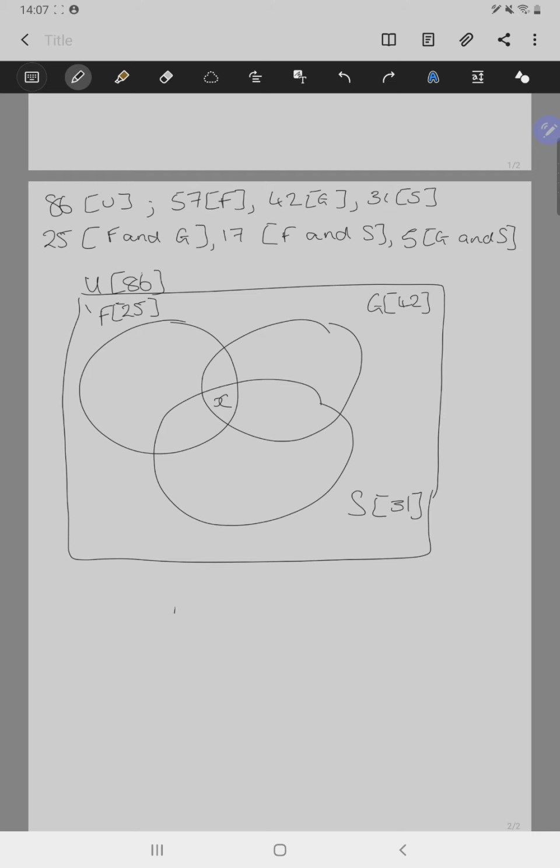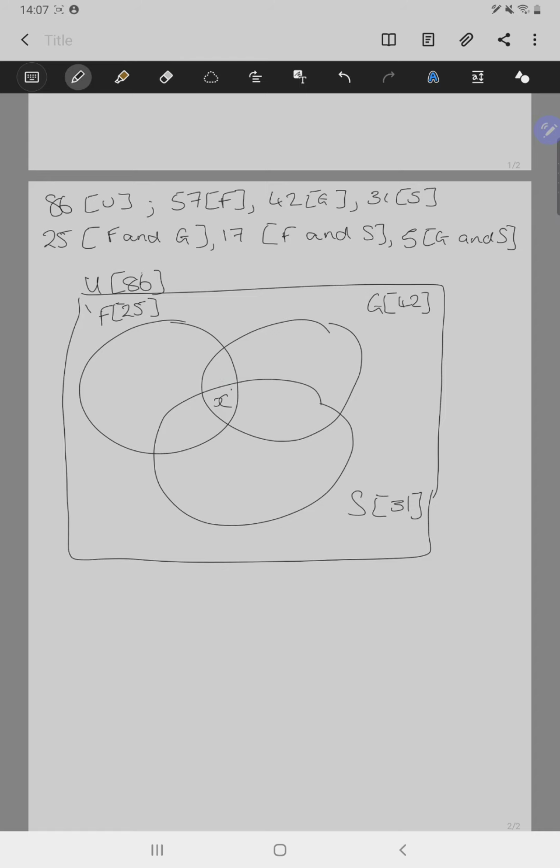If we looked at that section and there were 5 people here, we'd have no problem saying that there were 20 people here, because to get this section, you subtract the middle intersection from the total for that section. We're going to do the same here with our x.